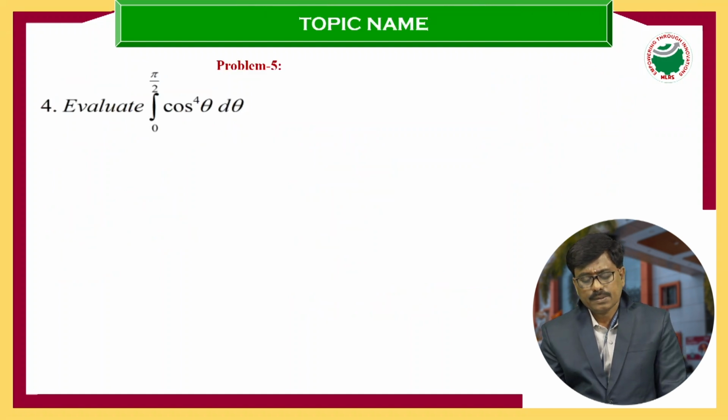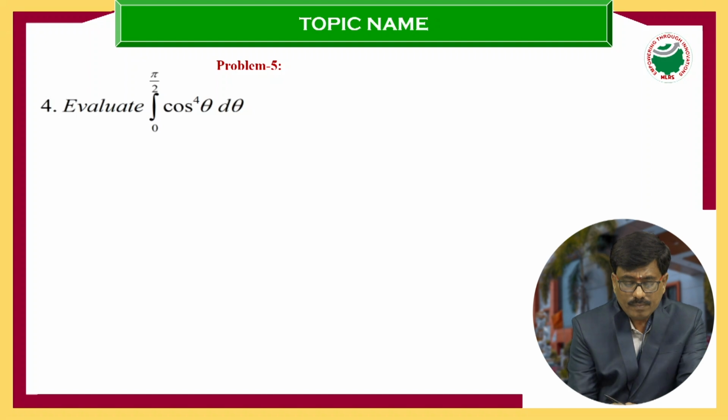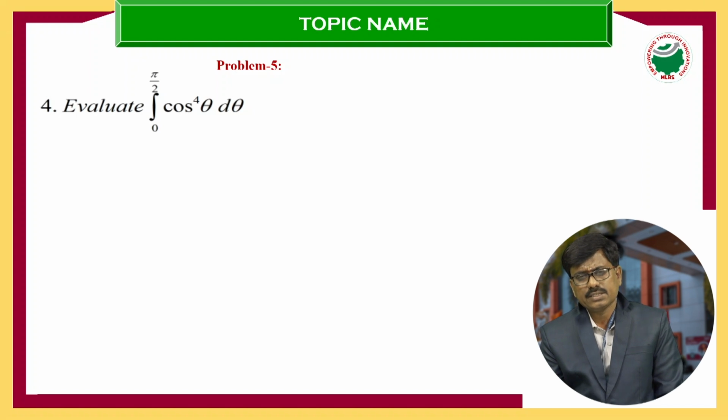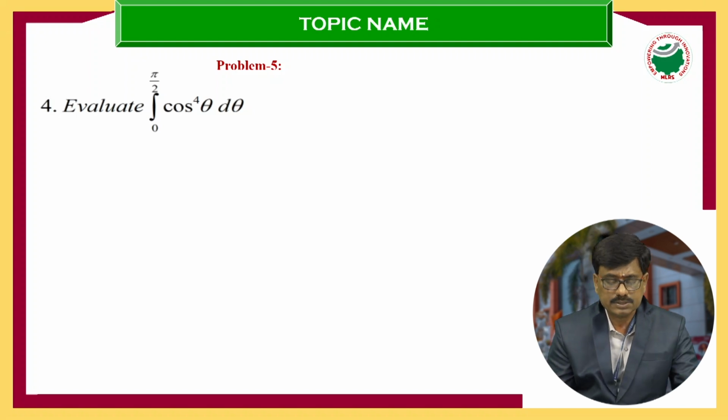With a similar procedure, I am extending this to cos power 4 theta. To evaluate this, we could use the reduction formulas directly since 4 is an even integer, but we are converting in terms of beta as well as gamma functions.